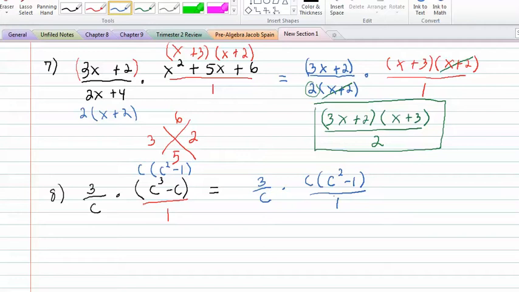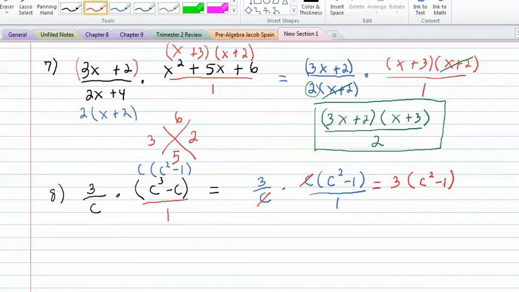Now I can cancel right now if I want to, because I can cancel both these c's. But now I have 3 and I have a c squared minus 1.